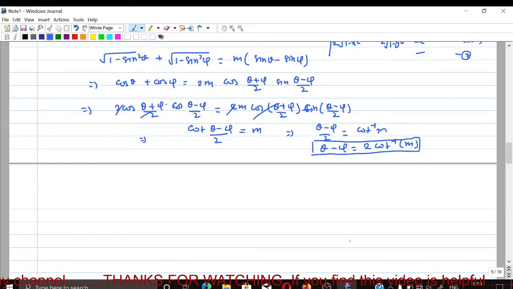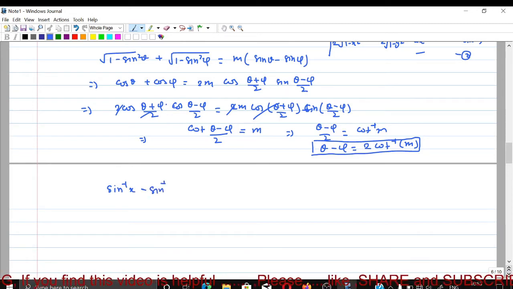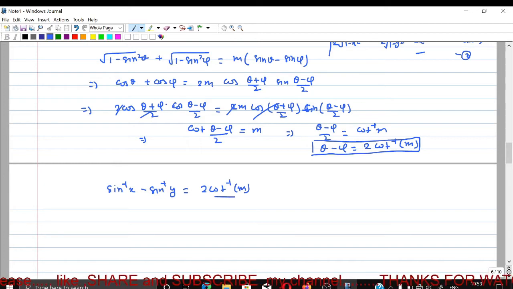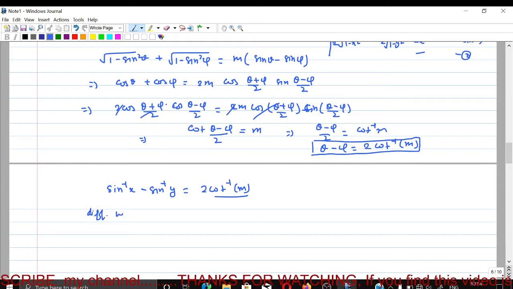So what is our theta? We can write sine inverse x minus sine inverse y equal to 2 cot inverse m. This is our constant term, just keep it in mind. Differentiate with respect to x.